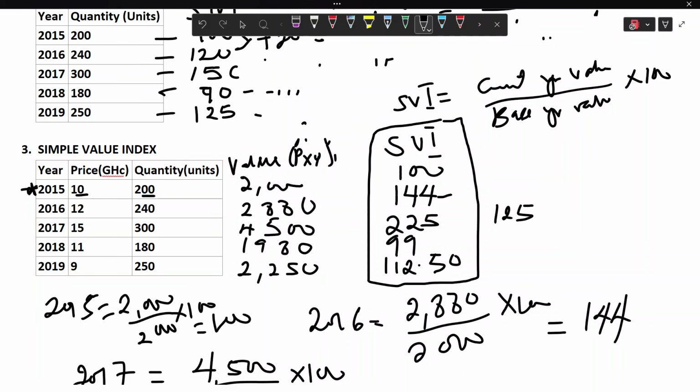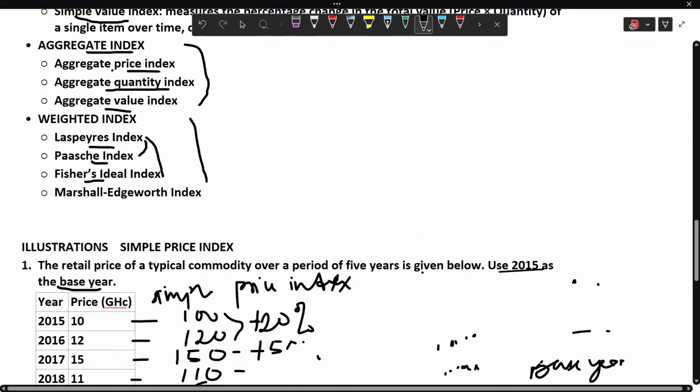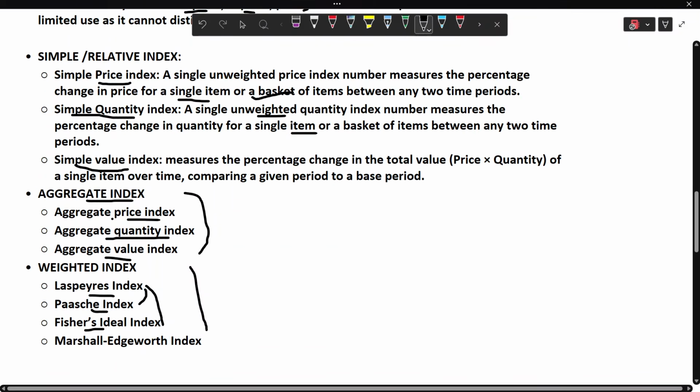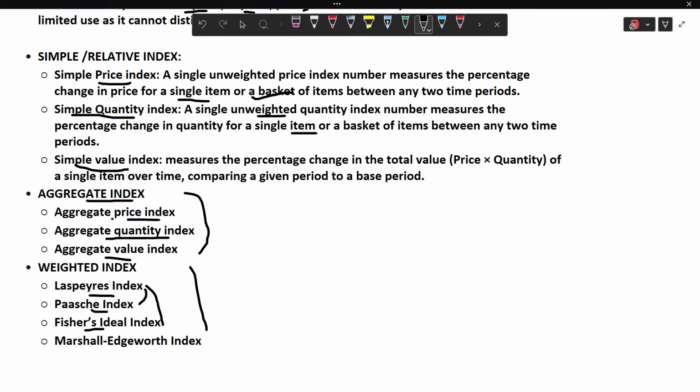Then for 2018 a decrease of 1%, and lastly 2019 an increase of 12.5%. Okay, so all the simple indexes can also be called the relative index, and the aggregates we can also call the composite index. Now we are done with the simple or relative index.